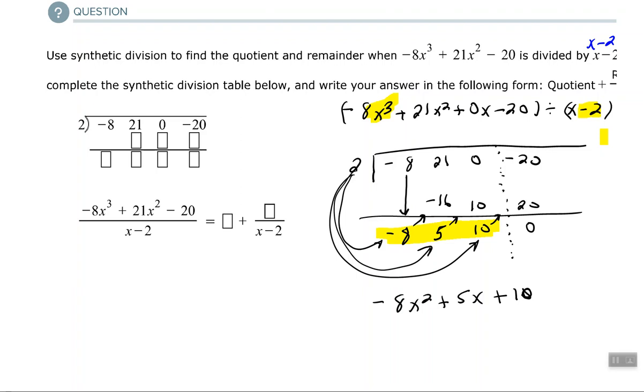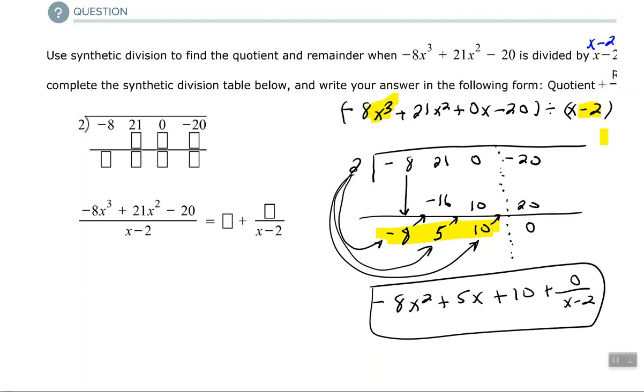And since they are asking us to write the remainder out, even though the remainder is 0, we will write plus 0 over x minus 2. So again, in the answer, you just go in descending order, but you start off with the exponent that's one smaller than your dividend. So we start off with x to the third here. So we will go x squared, x to the first, no x's, plus your remainder.